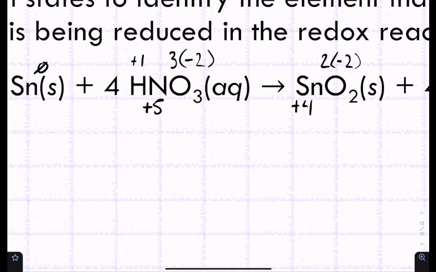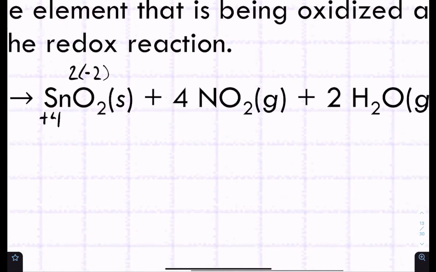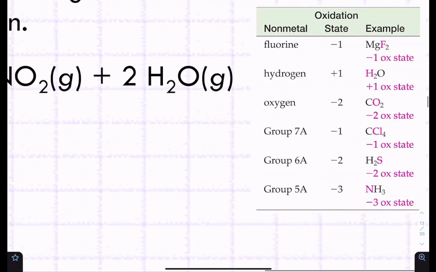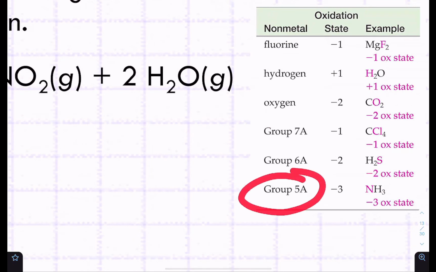Okay. I've got 2 more here. We have nitrogen dioxide. So what's the first step in determining what the oxidation state is? Whichever one's higher up on our hierarchy list. So that's going to be oxygen, because nitrogen is in 5A.